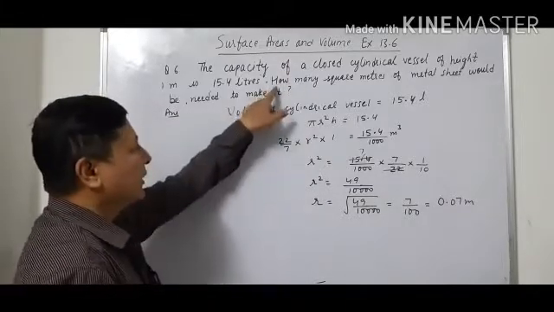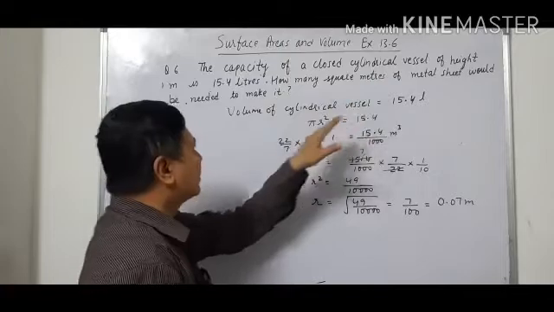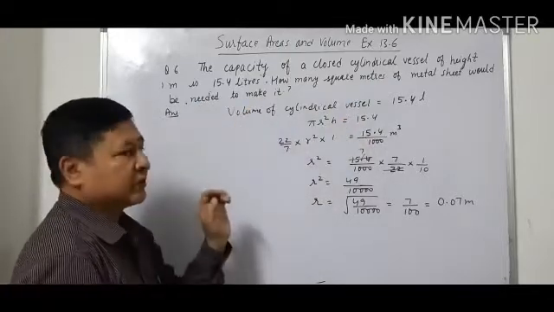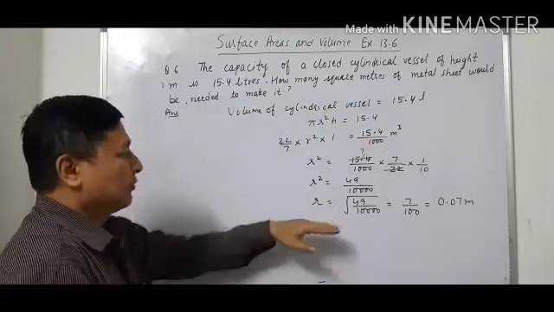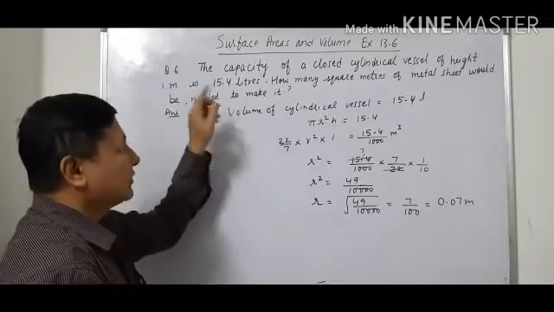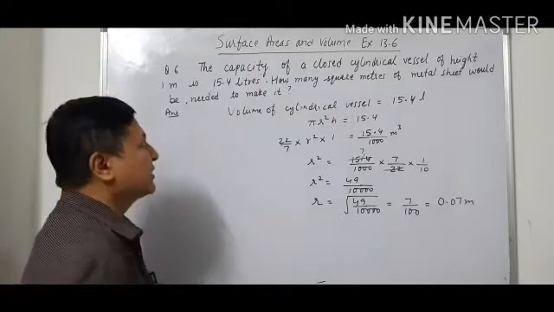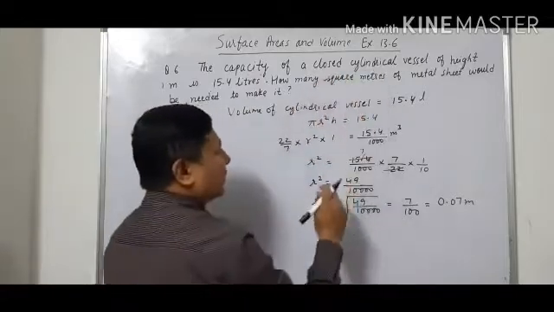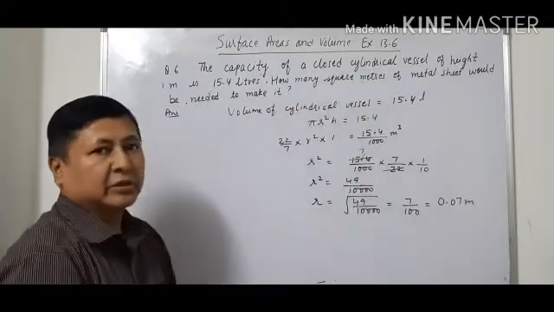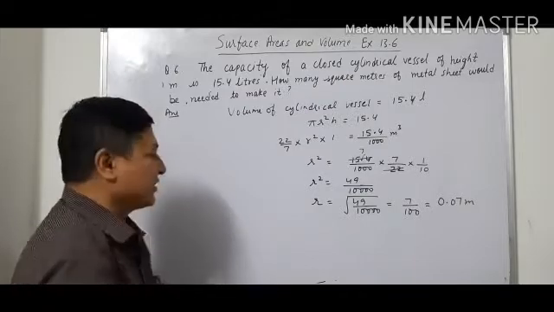Now we have to find how many square meters of metal sheet would be needed to make it. We got the radius, the height is already given, and we need the metal sheet required to make it. Since it is a closed cylindrical vessel, we have to find the total surface area.